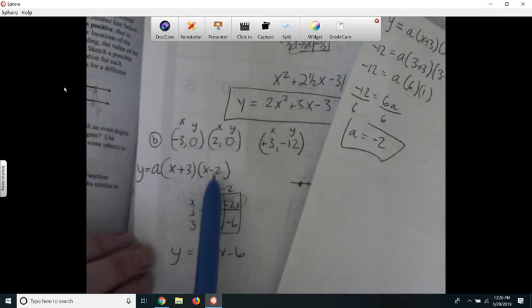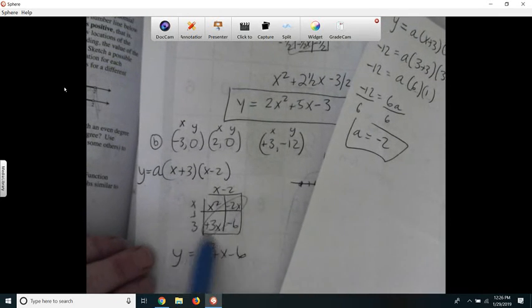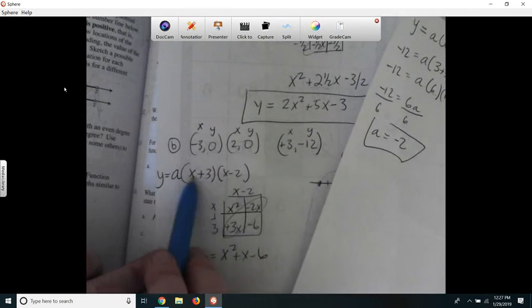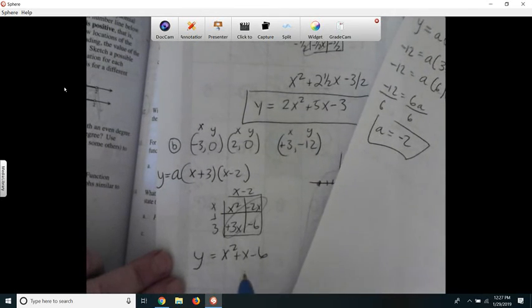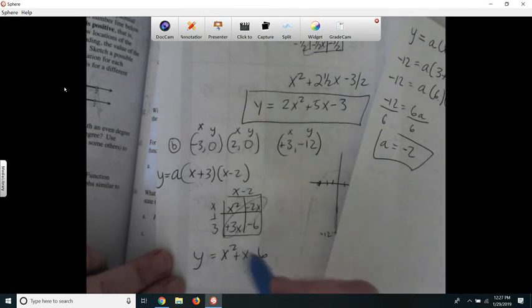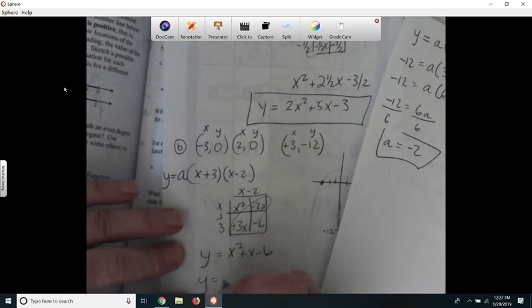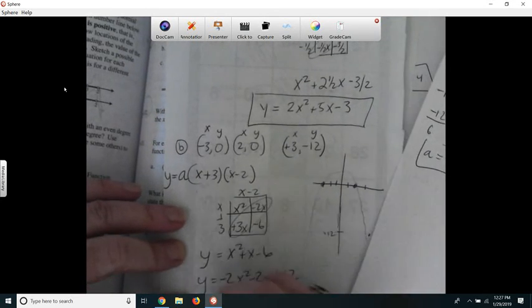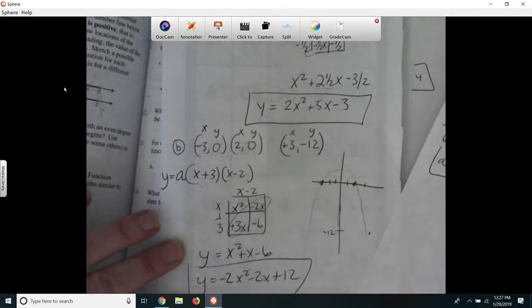Because I've already done this part, now I know a was negative 2, and I know what those two make when they get multiplied together. So I'm just going to multiply everything by negative 2, and I'm going to have negative 2x squared minus 2x plus 12, and I think that will work.